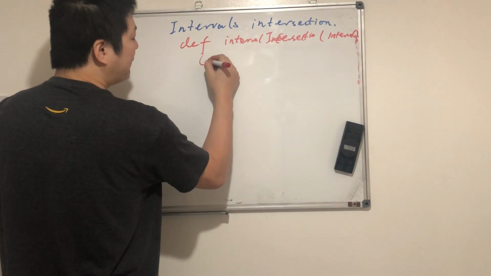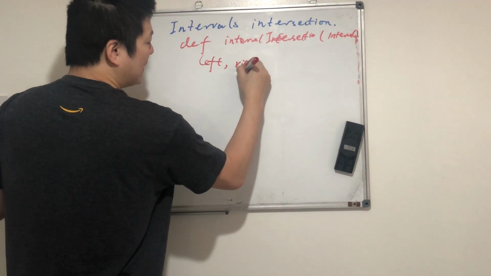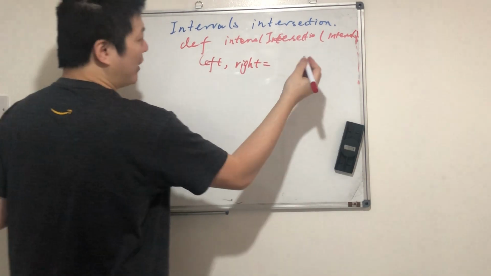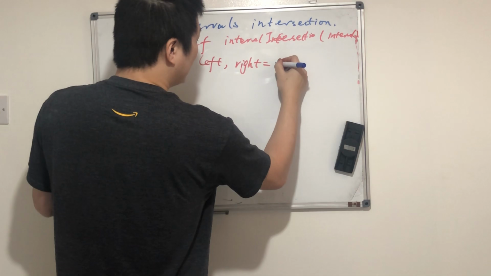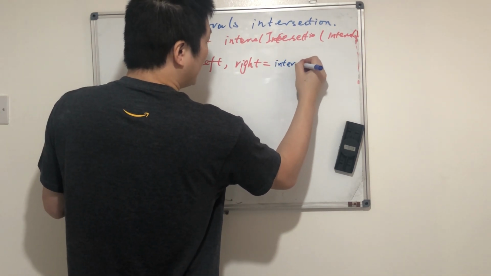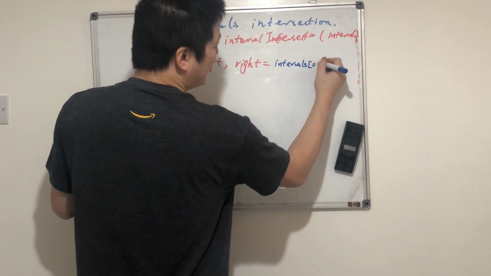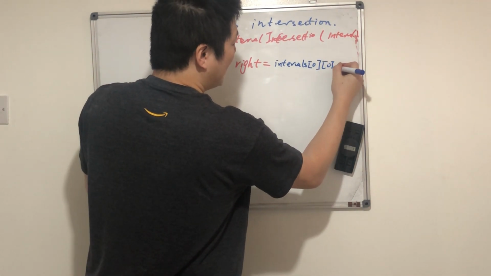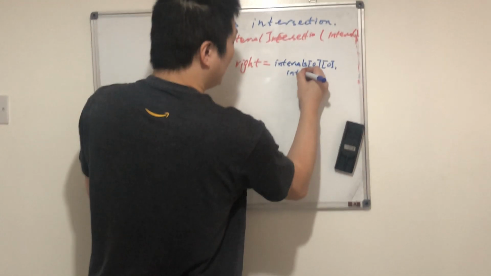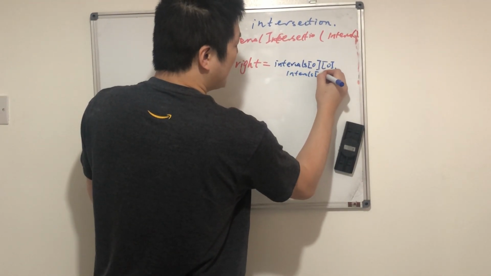So left, right equals the first one. The first one will be intervals, the first element, which is intervals[0][0] and intervals[0][1].